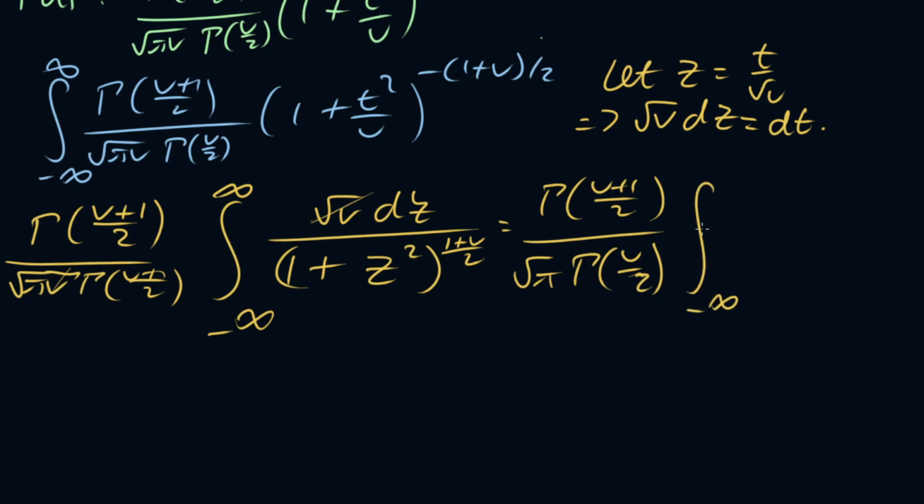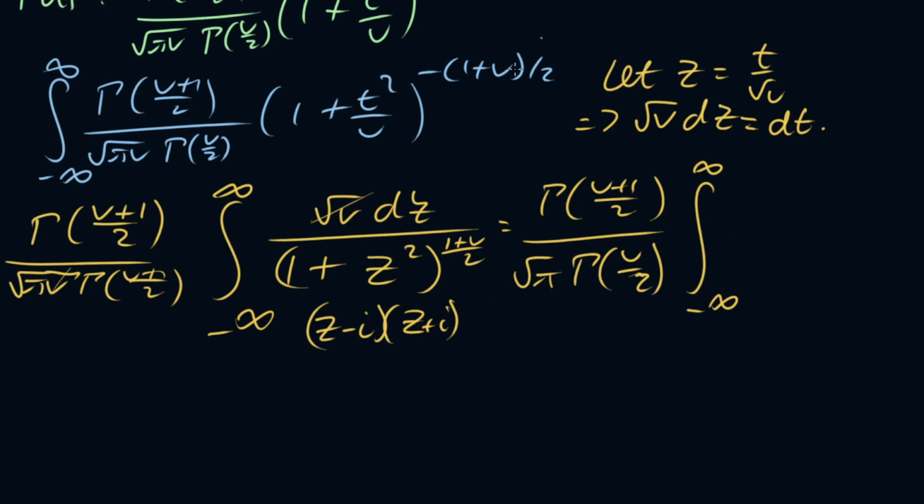Then we integrate this from negative infinity to infinity, and what we can do is factor the bottom out as (z minus i)(z plus i), and then we can write 1 over one of the factors to the power of (1 plus v) over 2, and divide the whole thing by the other factor to the (1 plus v) over 2.